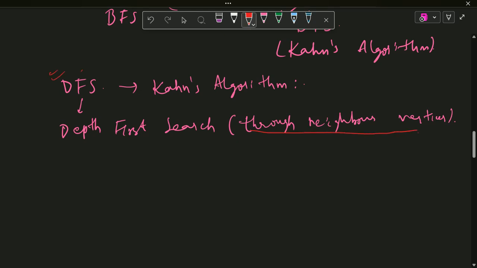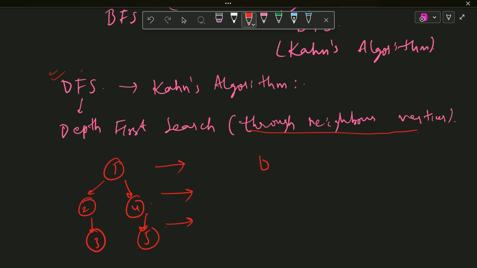This is DFS. Somebody may be getting a doubt about what DFS is. Now, instead of going level by level, that is BFS, which is also called level order traversal, in DFS if we take one vertex, we go through the depth of this vertex.